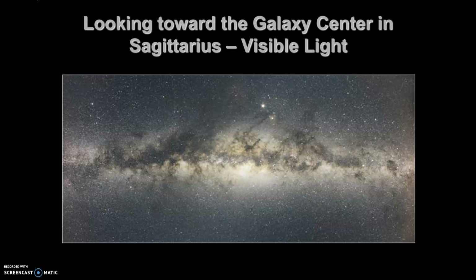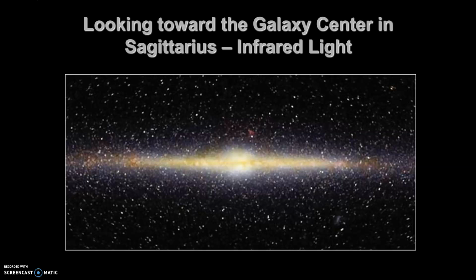If we look towards our galaxy center, we're going to be looking toward Sagittarius here in visible light. And again, another view looking towards our center, towards Sagittarius, in infrared light. So a different type of light that we can see here.